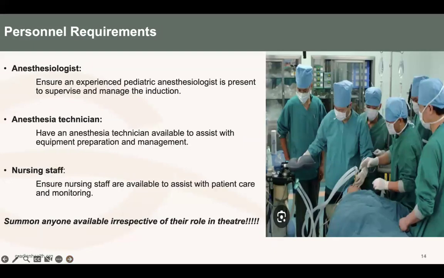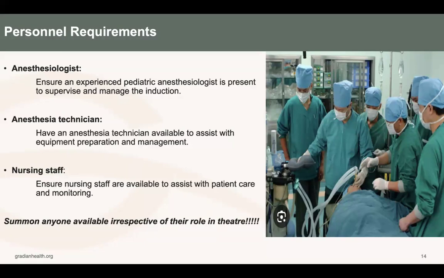So what about the personnel, the people that are intervening? I know this might be a bit difficult in some resource limited facilities where you don't have specialists, and I'm talking about pediatric anesthesiologists. But because these are very special patients, they need someone with very good experience and understanding of the pediatric population.